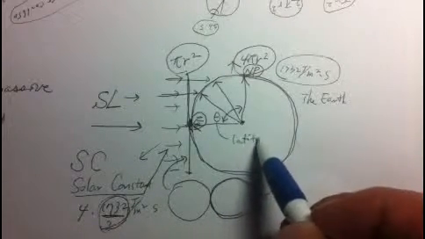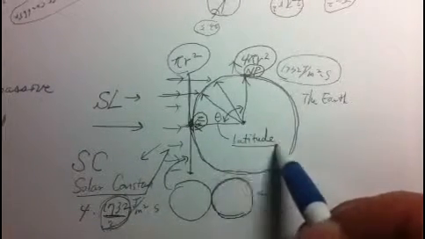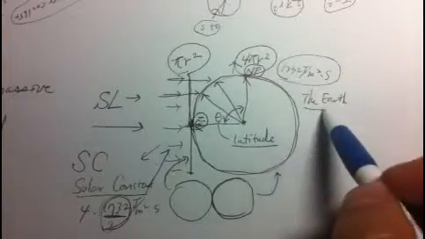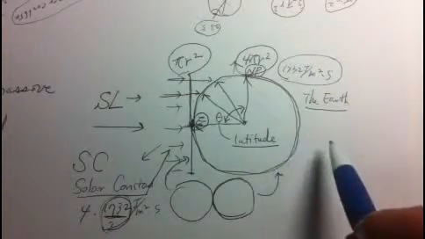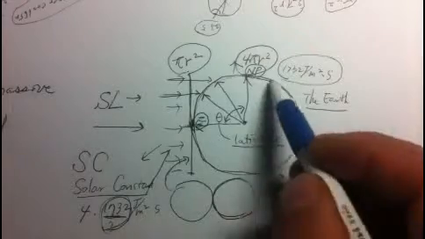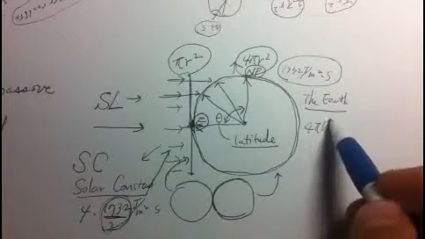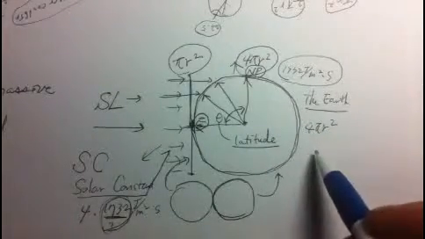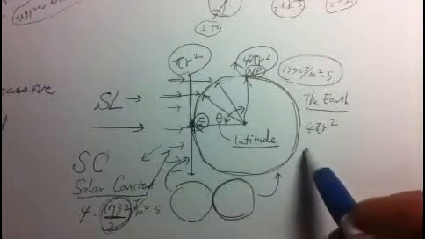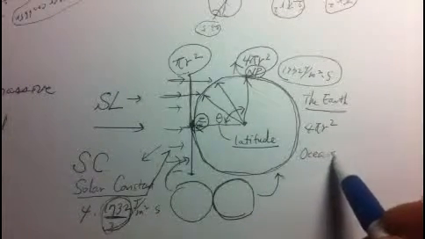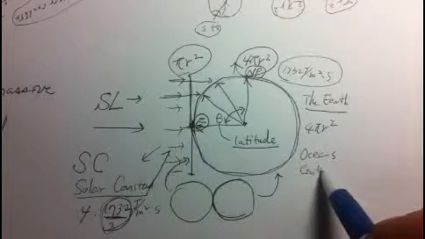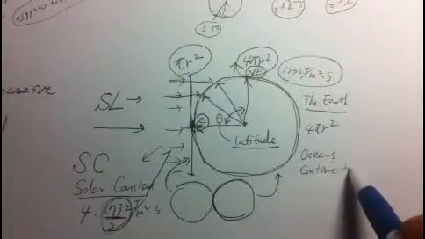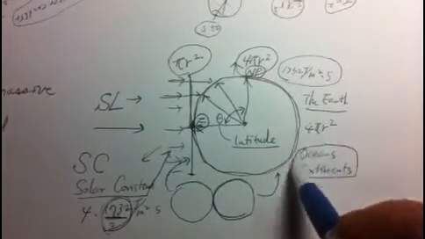It's very important to observe the Earth, especially the Earth's surface. Our surface is 4πr², and it includes oceans and continents where we live.